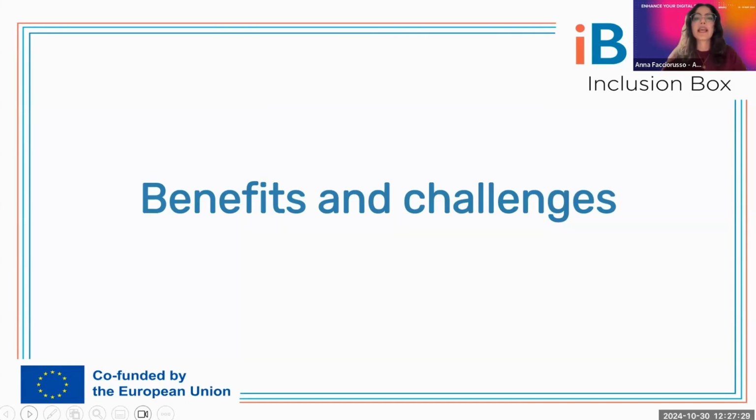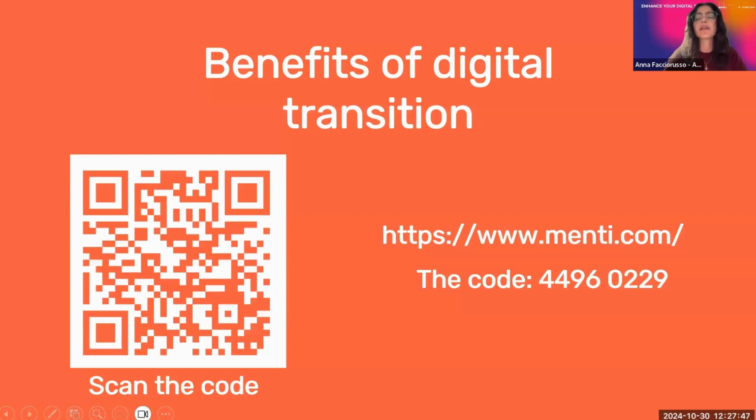And so in this case, we would like to hear from you. We have prepared another couple of Mentimeters going further with the presentation. We have the benefit of digital transition QR code. I don't know if, Veronica, we can share the results of this activity through the Mentimeter.